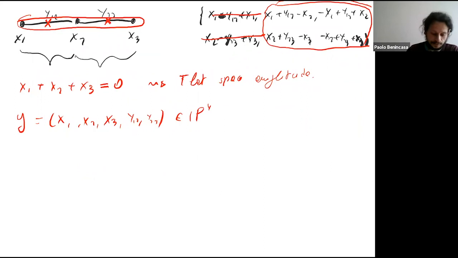When I take the residue, I go to a space which is now in P3. I have four vertices, which means four vertices that are linearly independent of each other. So I know that the result has to be a simplex.